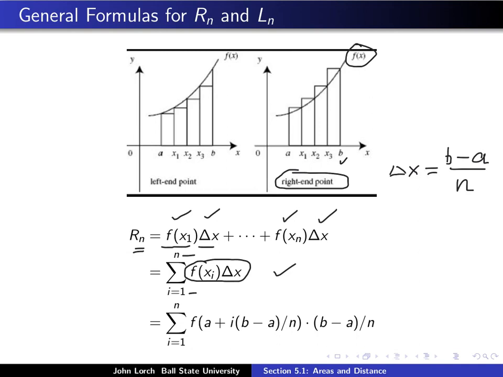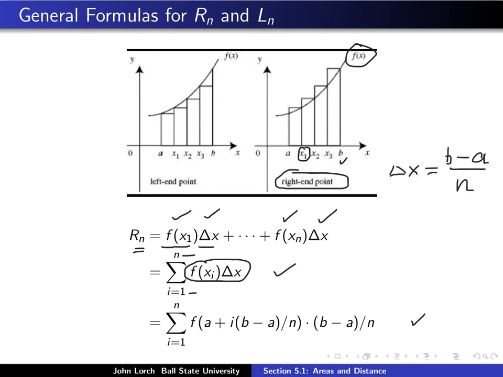Now the third line looks rather complicated, but it turns out it's absolutely necessary for us if we're going to be making computations in the future. So these x sub i's, what are they anyway? Well, like here in our picture, the right-hand endpoint picture, let's look at x sub 1, for instance.